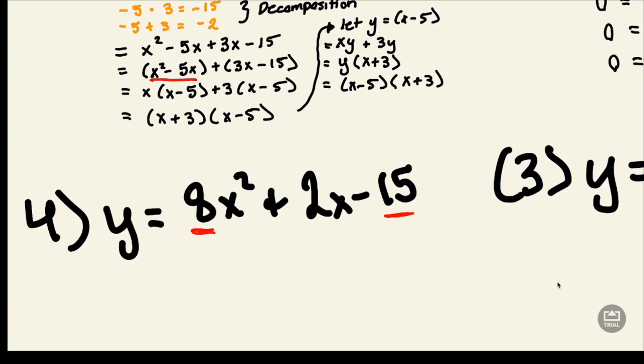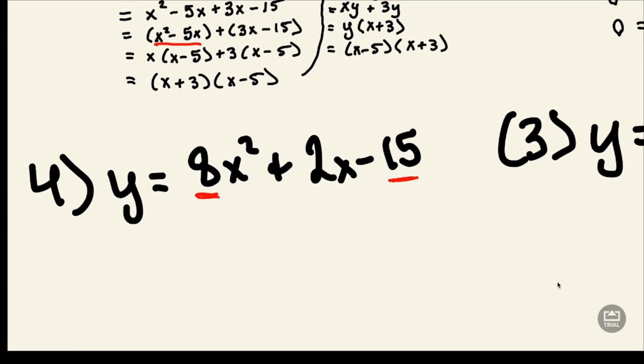If you have an a value, it gets a little more complicated since you have to use this rule of multiplying the a value by the c value. If we multiply the a value by the c value, and also take that negative into consideration, you're left with negative 120.